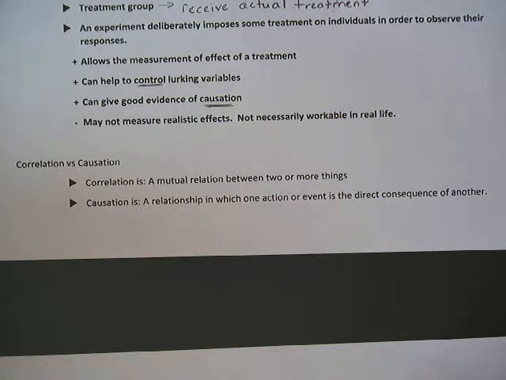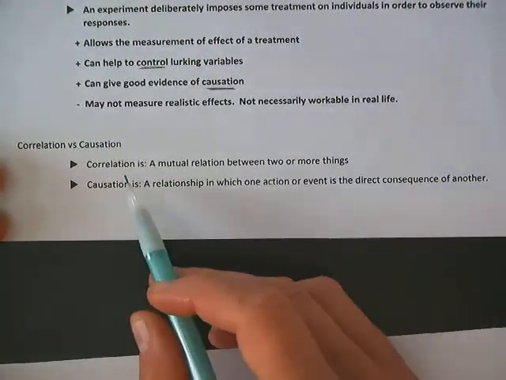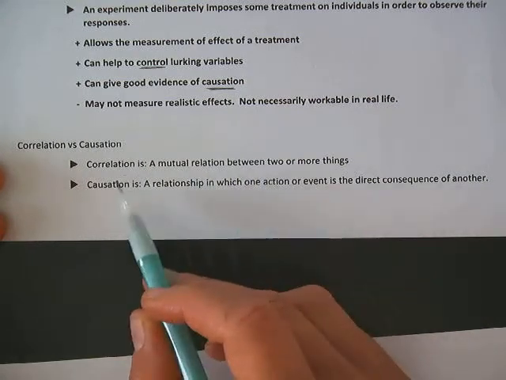One does not necessarily cause the other to happen, but I have just noticed that there is an association between those that are in athletics and their grades have a tendency to be better. Okay. And so that's the only thing you can do with a correlation.